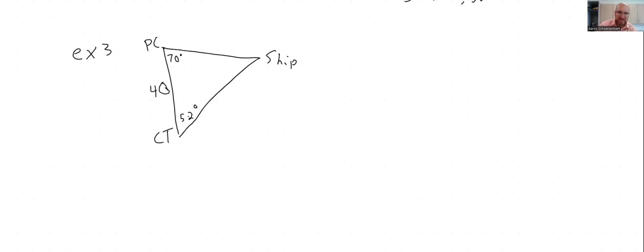So 180 equals, I'm going to call it X, 70 plus 52 plus X. And X is going to be, when I subtract 70 and 52 from 180, I get 58 degrees.